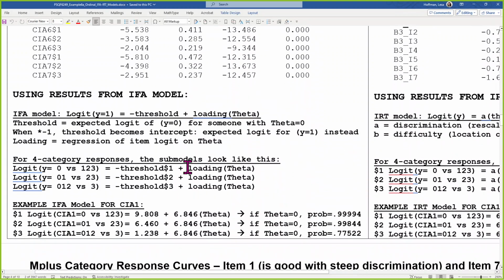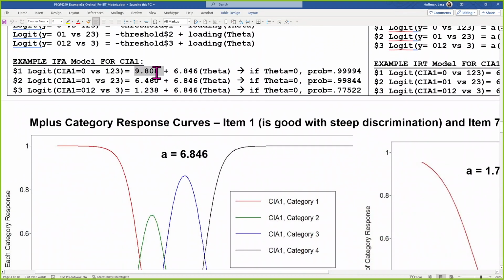I multiply it by minus 1 to turn it into an intercept. Then I can use the loading, which is the same number across these 3, and multiply it by whatever value of theta. So if I said, if theta were 3, what would be your predicted logit or your predicted probability? You'd put a 3 in here. I have a couple homework questions like that.